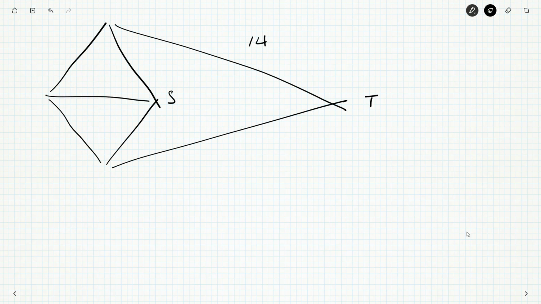ST, so I've got 14, 14, 6, 6, 6, 6, 6. Alright, and I need to figure out ST. ST is the length I want.